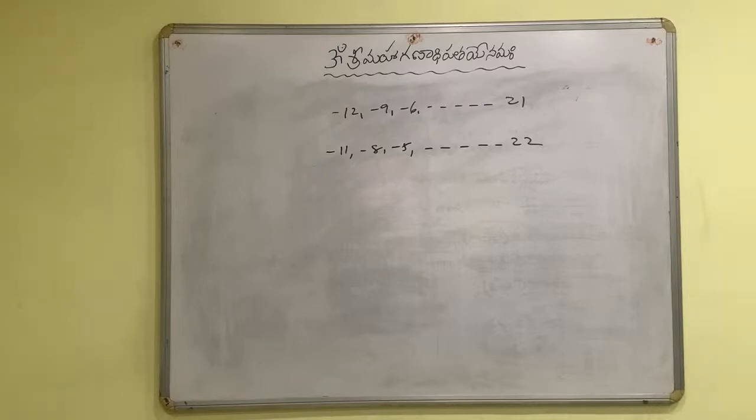Now, listen to the question carefully. A man saved 33,000 rupees in 10 months. In each month after the first month, he saved 100 rupees more than he did in the previous month.